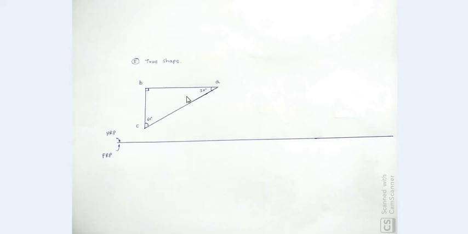That's why we are drawing the true shape in front view, and in the next step we will be drawing the edge view in top view. And while drawing this set square we will be drawing as per the orientation. That means the property is described with the shortest side. That's why this triangle will be constructed by keeping the shortest side free either on the left hand side or on the right hand side.